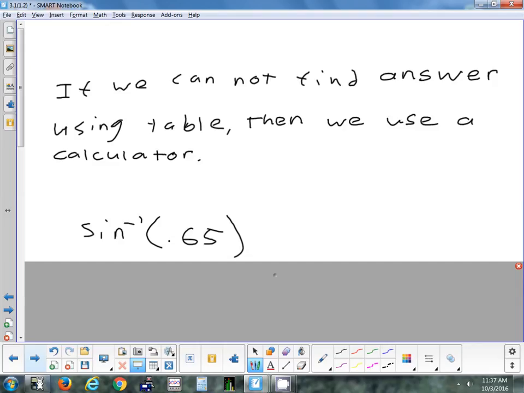No. We used square roots of 3s, square roots of 2s, halves, 1s, 0s, and the negative of everything I just said. But we never used 0.65. So you can look in the sine column for 0.65, but you're not going to find it. So we use our calculator.